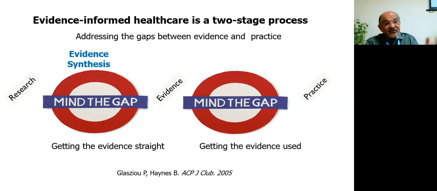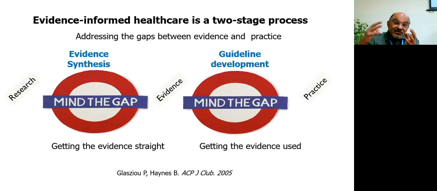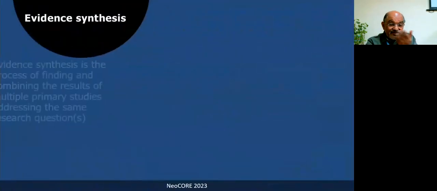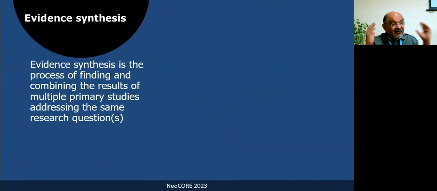For the first step, we use the methods of evidence synthesis. And for the second step, you have to have a structured way in which you evaluate the evidence to see whether we should use it and put it into our guidelines. Okay, so evidence synthesis refers to the process of finding and combining the results of multiple studies addressing the same question. How do you put them all together?